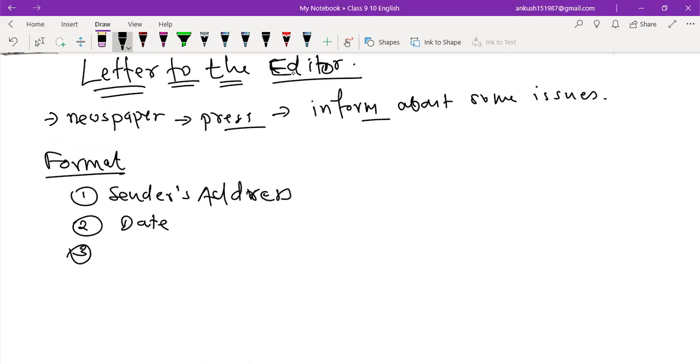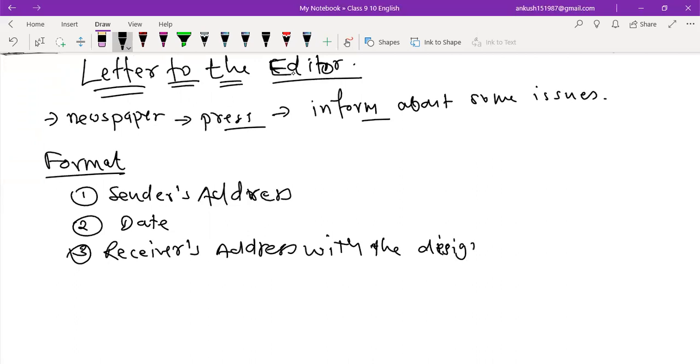Third, you must write the receiver's address with the designation. Fourth is the subject; you have to write what kind of subject you are putting. Fifth, the opening salutation.